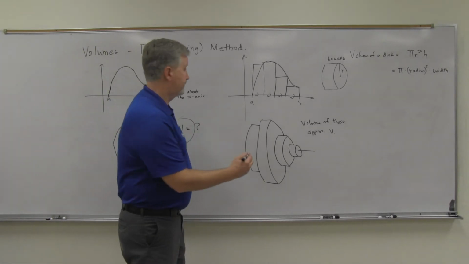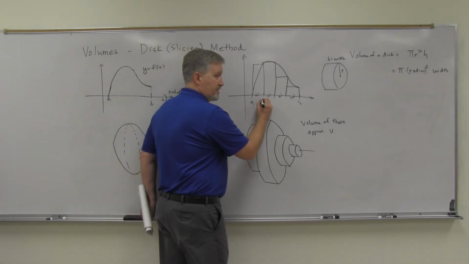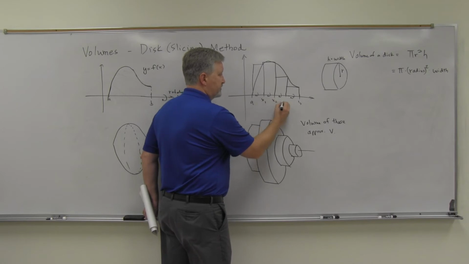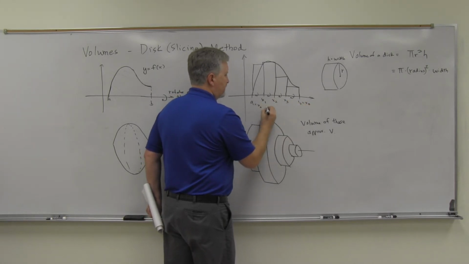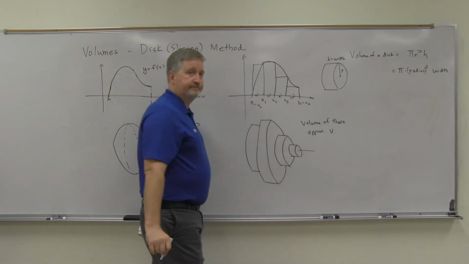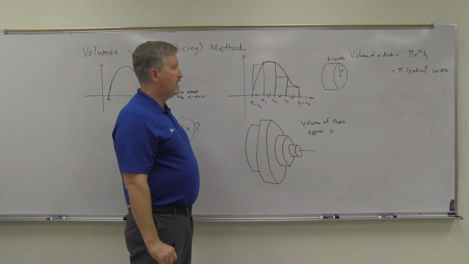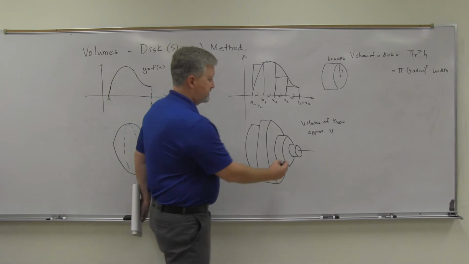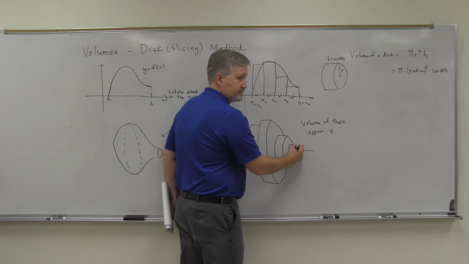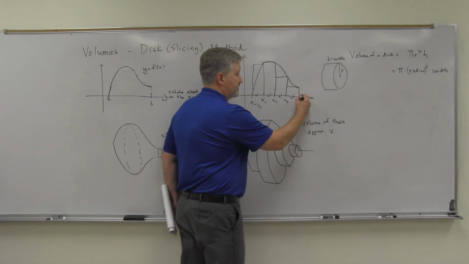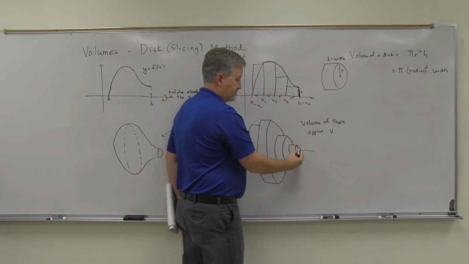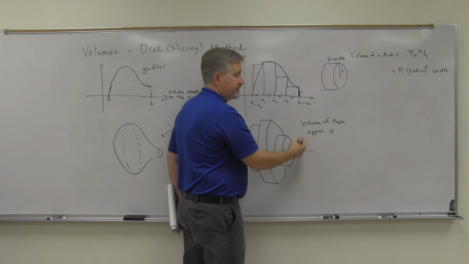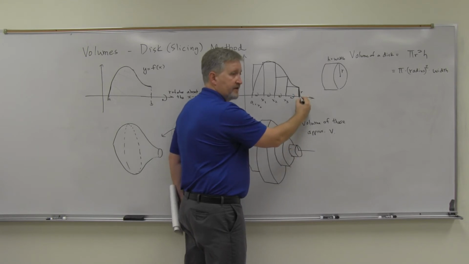Remember here, these subintervals, we call them x1, x2, x3, and this will be x4, and this will be x0. Right? And so the radius here, this would be the radius. Following the pictures here, that'd be the radius. How do I get that radius?